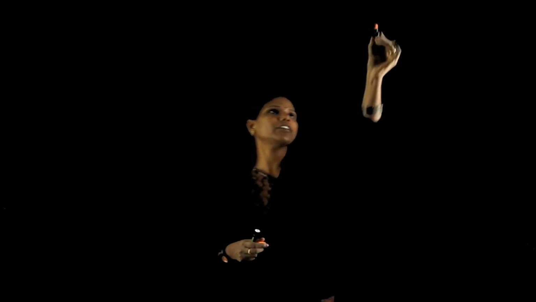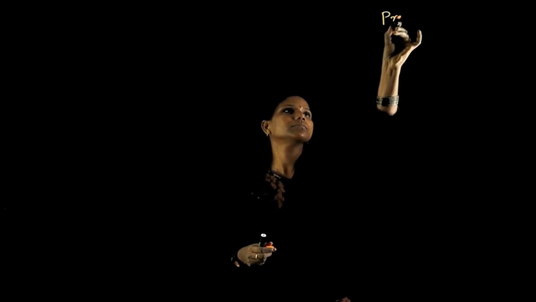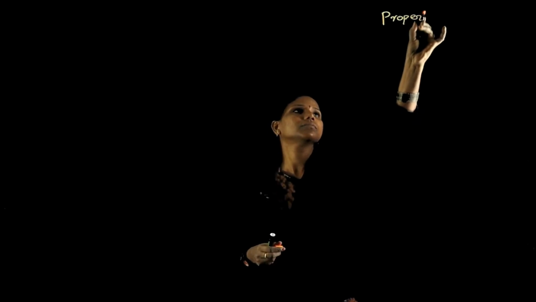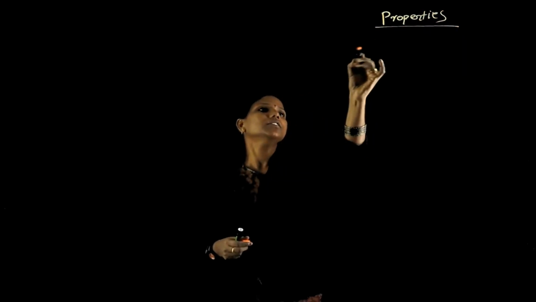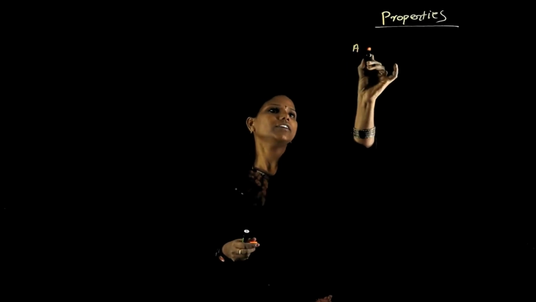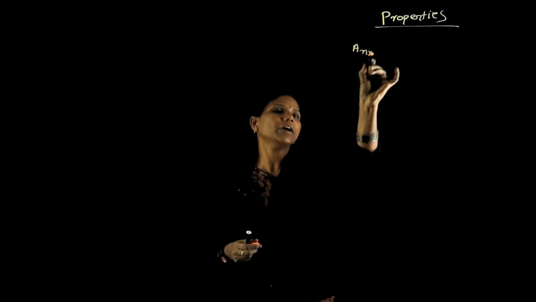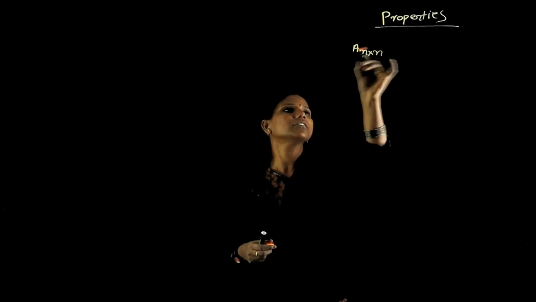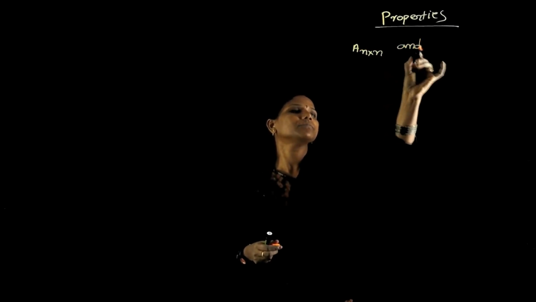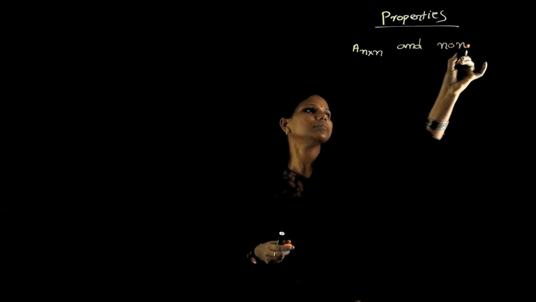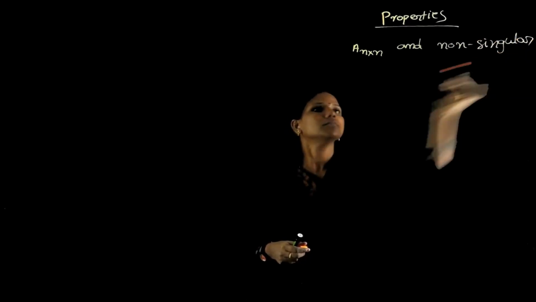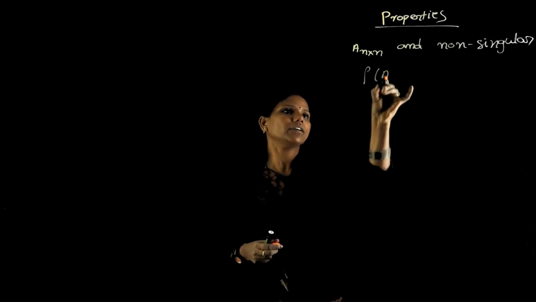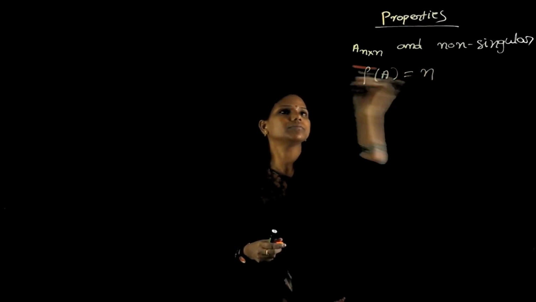Now, let us see some properties of the rank of a matrix. Suppose A is a matrix of order n by n and non-singular, then rank of A equals n.